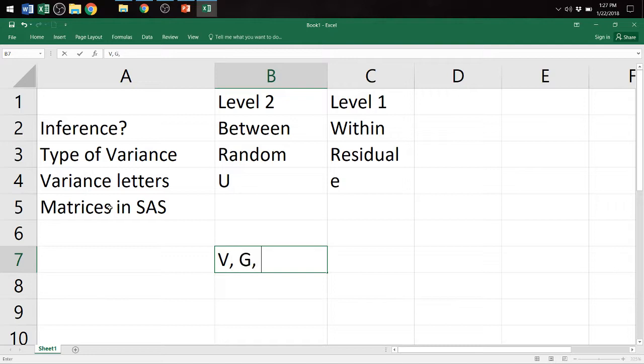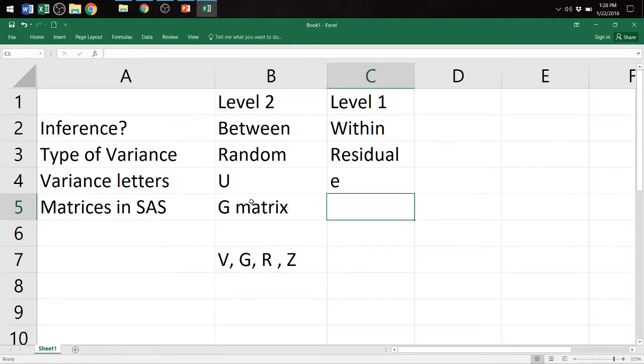V, G, R, or Z. G, level 2 random effects variances and covariances live someplace called the G matrix. Level 1 variances and covariances live in R, very good. Just R, thanks. When you put them back together, you get V, yes.